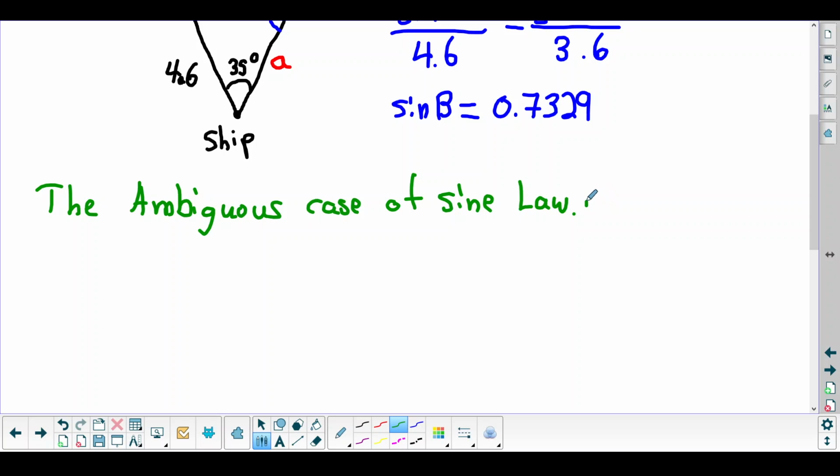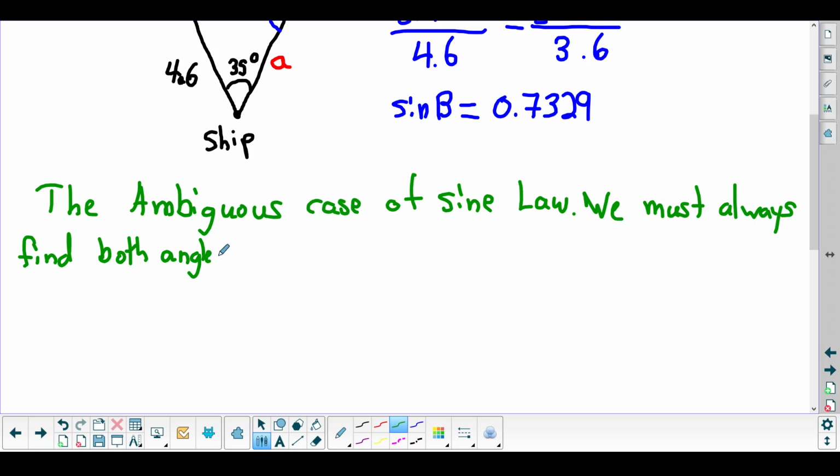It means that we must always find both angles for sine law between 0 degrees and 180 degrees.